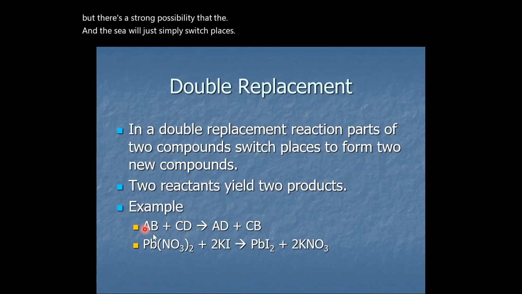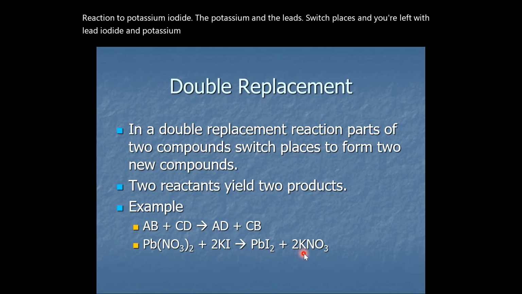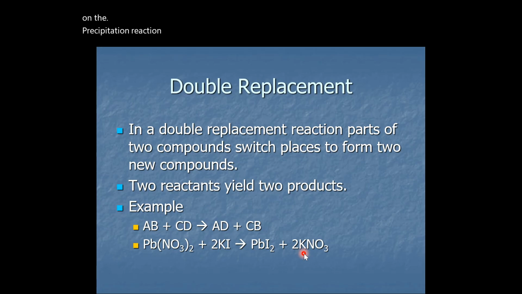So now the A is with the D, and the C is with the B. An example here would be lead nitrate reacting with potassium iodide: the potassium and the lead switch places, and you're left with lead iodide and potassium nitrate. This happens to be a classic example of a precipitation reaction, and we'll see those in the video on double replacement reactions.